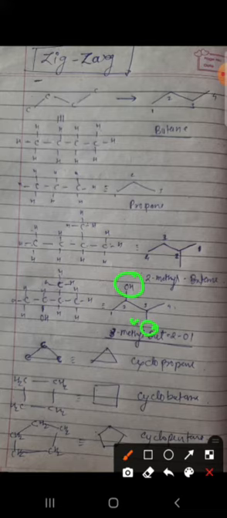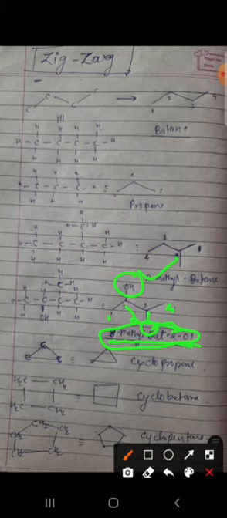We give the long chain numbering from the functional group side. The functional group is the alcohol group, so 1 2 3 and 4. So here, 3-methyl, what is the nomenclature of this molecule? 3-methylbut-2-ol. Okay, so that is our non-cyclic structure of a carbon chain and its nomenclature in zigzag representation.